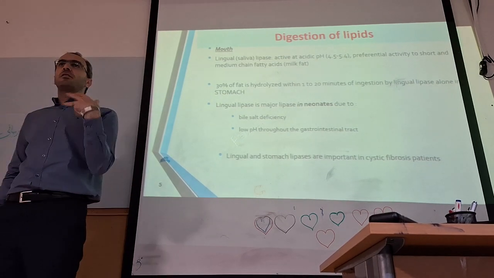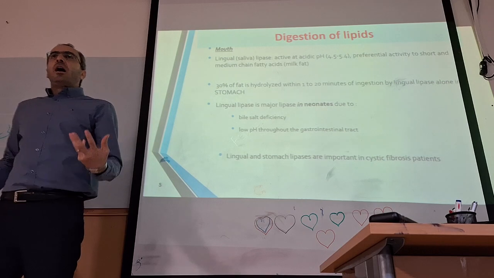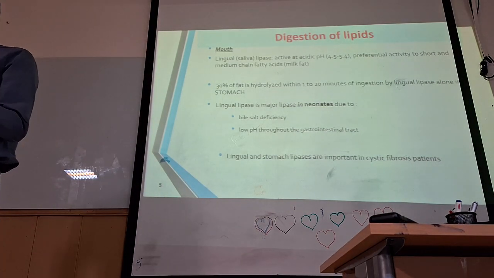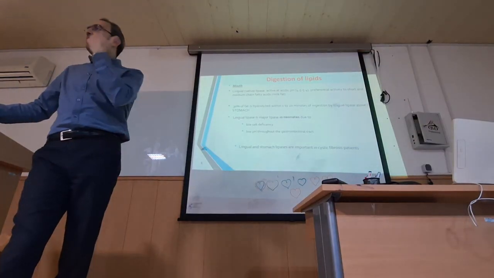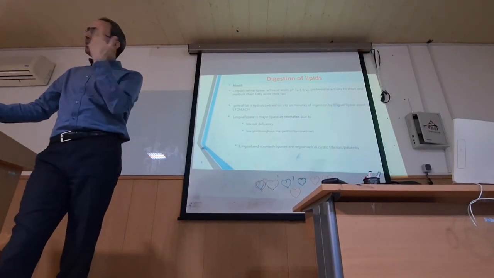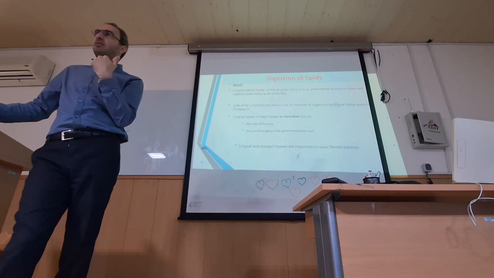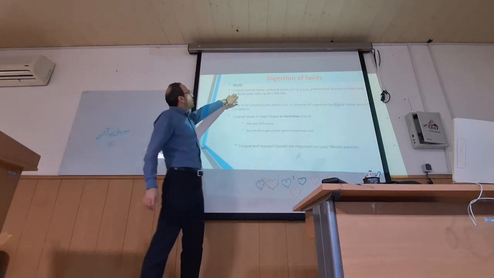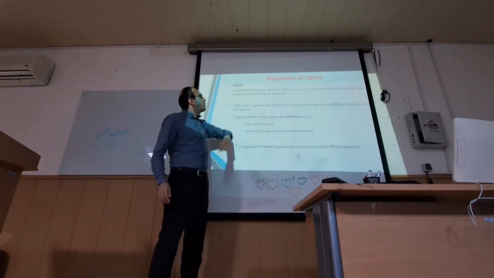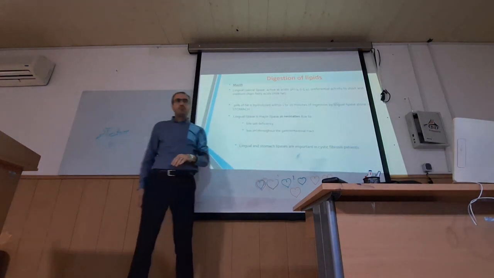Don't worry. Let's continue, then you will get your response. So related to digestion of lipids, in digestion of carbohydrate, you learned the digestion of carbohydrate is mostly by salivary amylase. Also related to lipase, we have a lingual or soluble lipase.